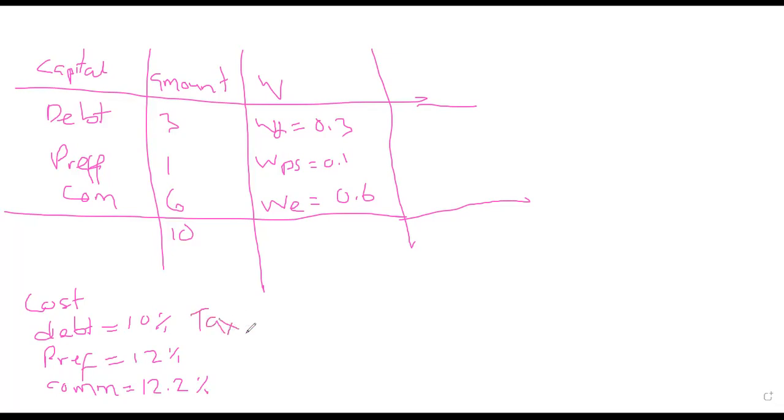So tax will only affect the debt because of the tax shield. So instead of paying 10%, we use 1 minus T, so we're going to pay 6%. Do you understand where this 6% is coming from? We subtract from 1? Yes. Cost of debt is KD times 1 minus tax. I think I explained the tax shield very well.